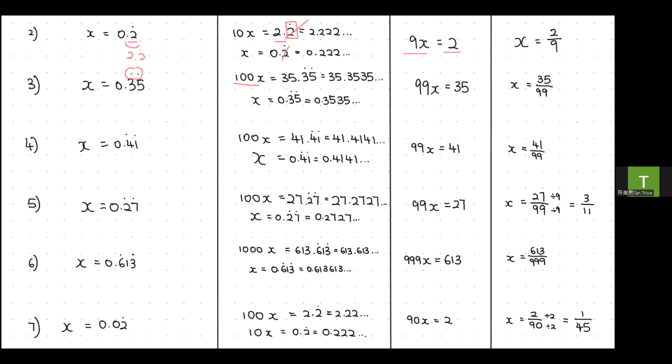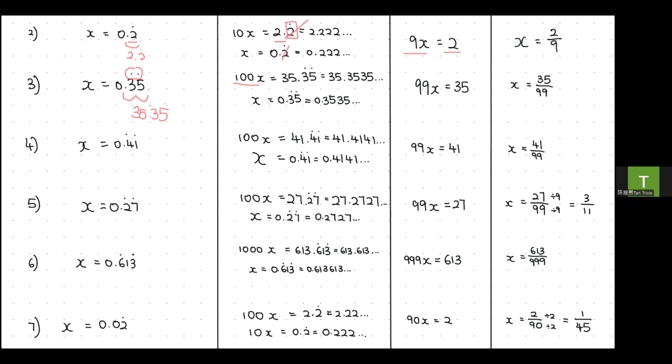Times 100, move 2 steps backward, equals 35.35 recurring decimal. Always remember that for the recurring decimal you can only draw 2 dots above. If there are 3 recurring digits, write at the first recurring digit and the last recurring digit, as in question 6.